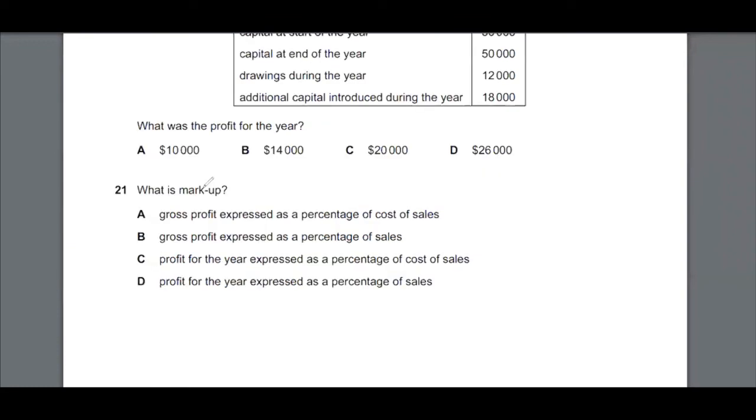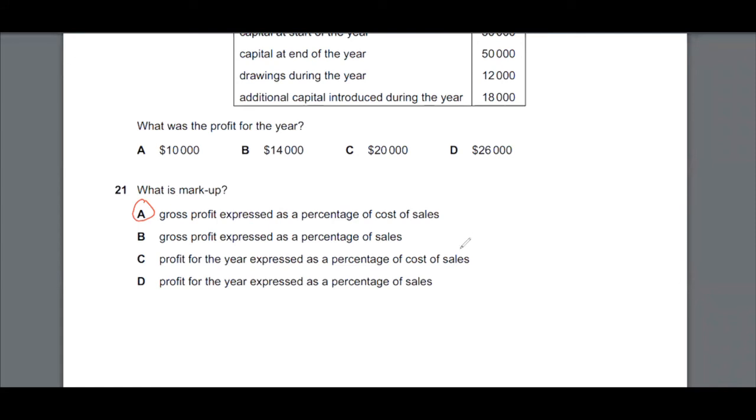Multiple choice 21, what is a markup? Gross profit expressed as a percentage of cost of sales. So the answer to multiple choice 21 is actually option A. But of course, when you are in the exam, you always have pressure. So you should go through all the options one by one, just to make sure that you have chosen the correct option.